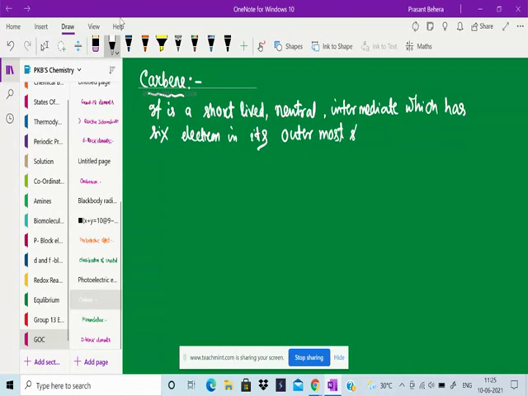So it is a short-lived neutral intermediate. Okay.